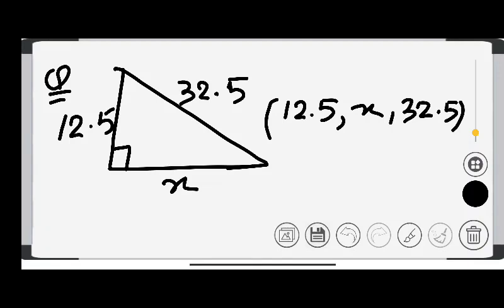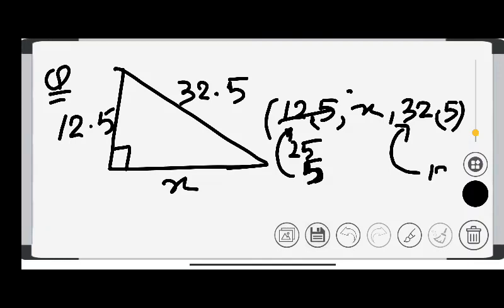If I take the decimals out, I found that this is 25 times, and this is 13 times. 13 times means 5, 13, and I have studied that 5, 12 and 13.